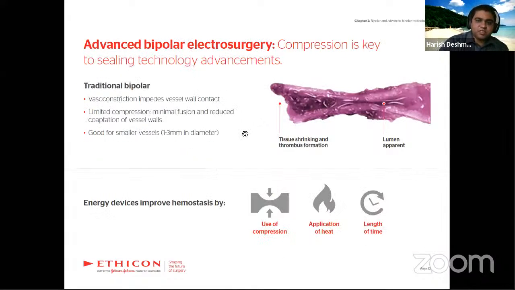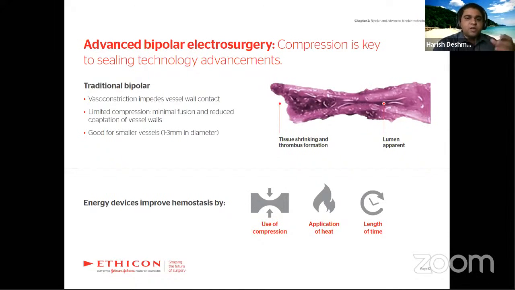With traditional bipolars, the major concern is that you don't have enough compression. The best way to do an anastomosis is intima to intima compression, which gives you better compression. We don't have that intima to intima compression with traditional bipolars, because compression is minimal.